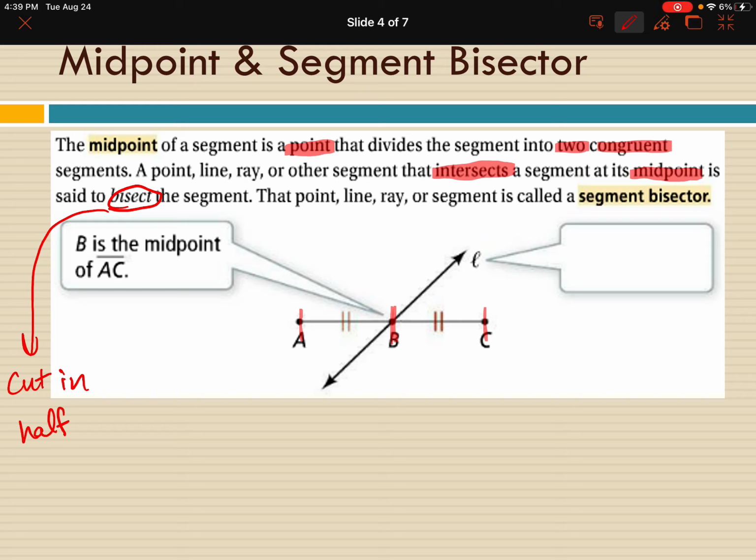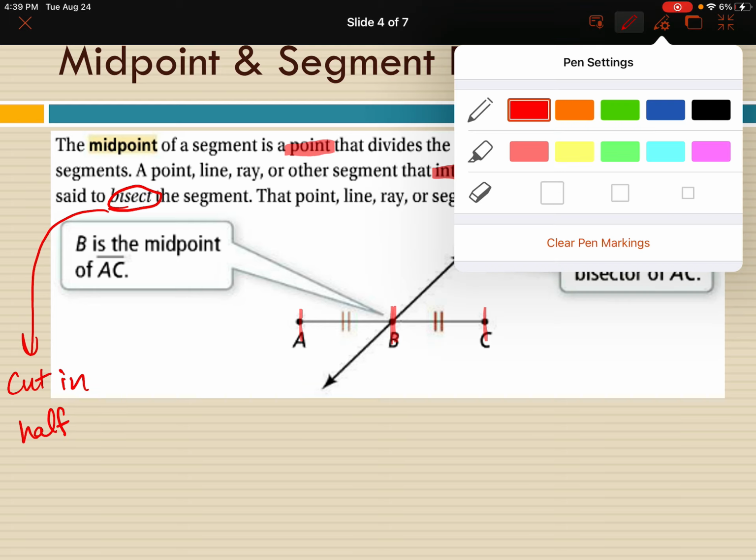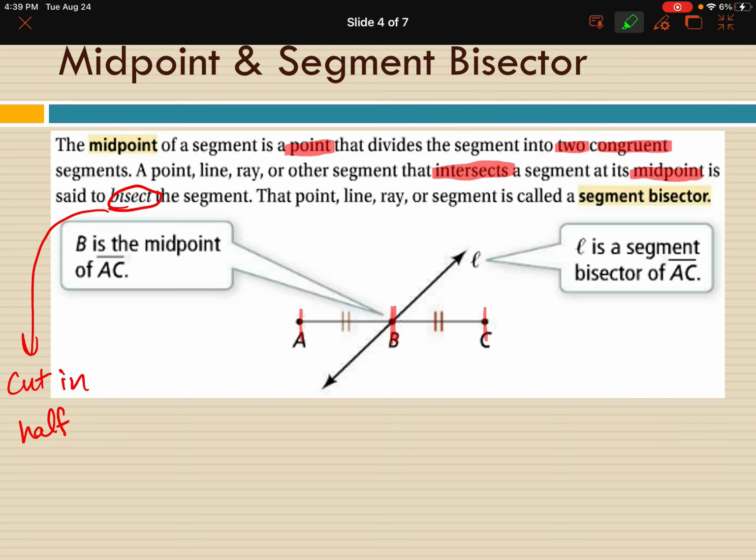So the midpoint of I-35 is somewhere way up north of here, okay? So if it doesn't go through the midpoint, it's not a bisector. So intersecting and bisecting are not necessarily the same thing, okay? When we look at this picture right here, the line L goes through the midpoint. And since it goes through that midpoint, that is a segment bisector.